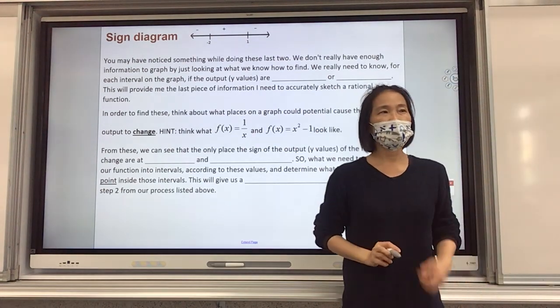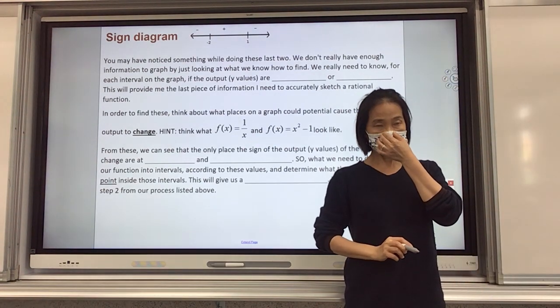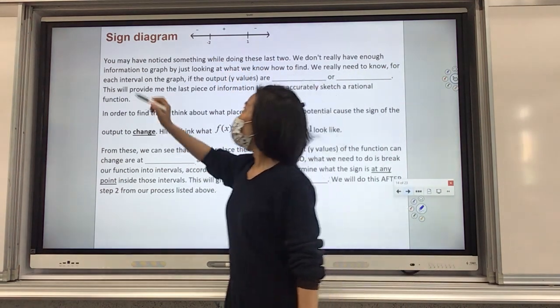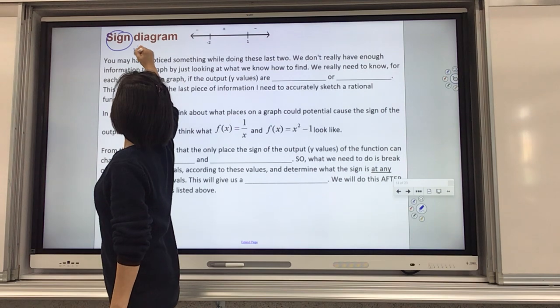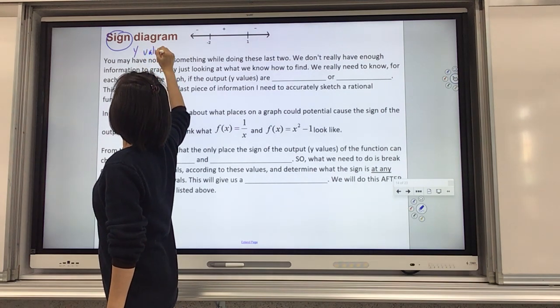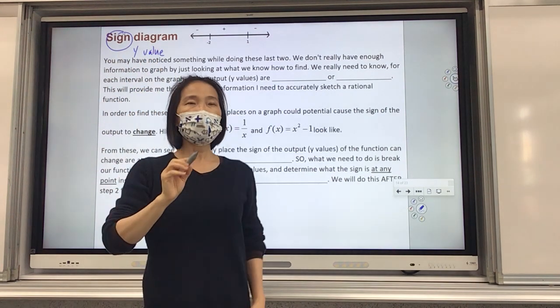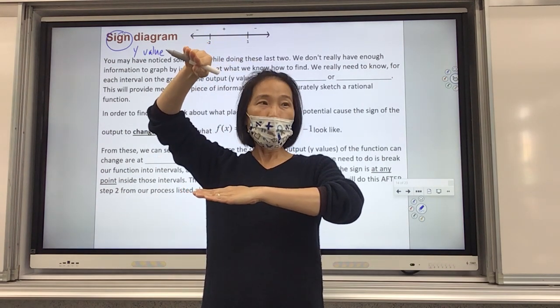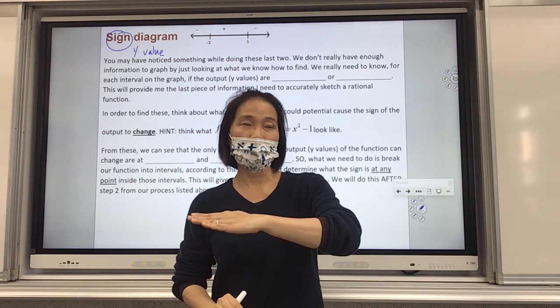That's why we introduce the sign diagram. Sign diagram is referring to the sign of the y value. Is your y value going to be positive? That means above the x-axis, or negative y is below the x-axis.